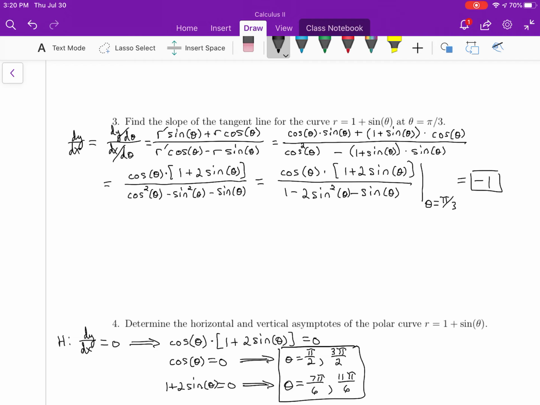And you know what? It might actually be advantageous to use the previous form of the denominator. I'm just looking if the cosine squared minus sine squared minus sine might be more helpful to use here. And it looks like it might be.